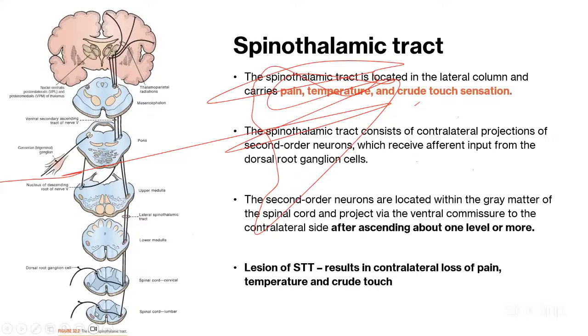These second order neurons are located within the gray matter of the spinal cord and project via the ventral commissure. Here in the ventral commissure we can see them crossing to the contralateral side, after ascending one or two levels. A lesion of this tract results in contralateral loss of pain, temperature, and crude touch.